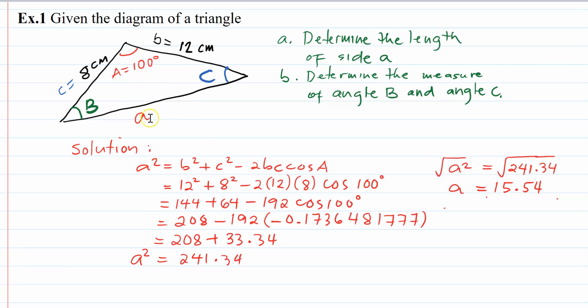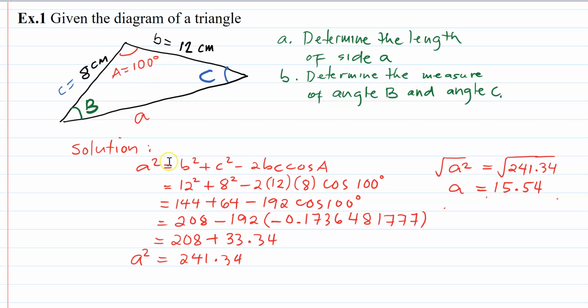To solve for side A, here we set up the law of cosines, and we have A squared equals B squared plus C squared minus 2BC cosine of angle A. And we know that B is 12 and C is 8 and angle A is 100 degrees.